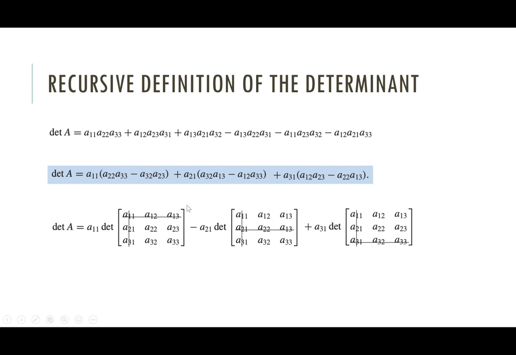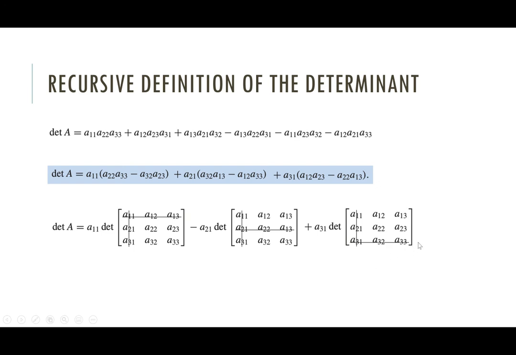Then if you factor out a minus A21, the negative of this is the determinant of the matrix you would get if you crossed out the column and row that A21 was in. So it's this determinant here. And then this last term is A31 times the determinant of the matrix you would get if you crossed out the column and row here.